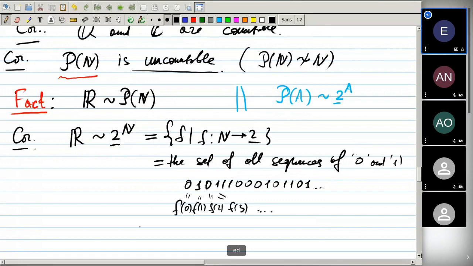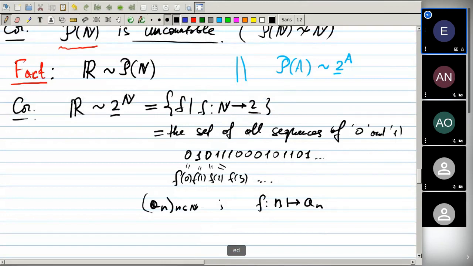Yes. In general, every sequence with natural indices, I'm sure that you have sequences in your calculus course. Have you had sequences? Yes. Every sequence is indeed a function from naturals to some set, say reals.